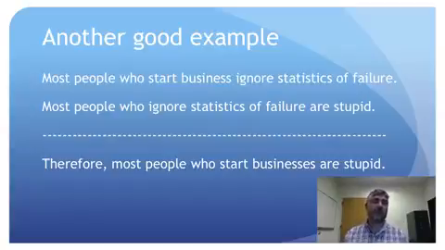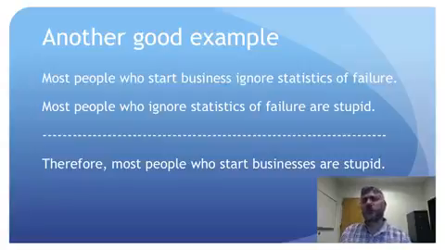They lose money, they go out of business, they go into bankruptcy. So most people who start businesses have to ignore all that, have to believe somehow, despite all the statistics of failure, that they are going to succeed. Premise two: most people who ignore statistics of failure are stupid.